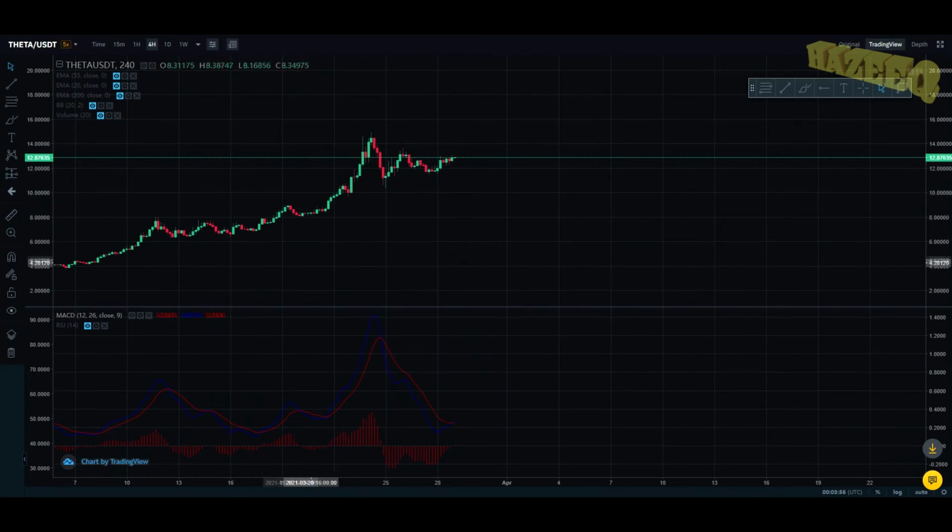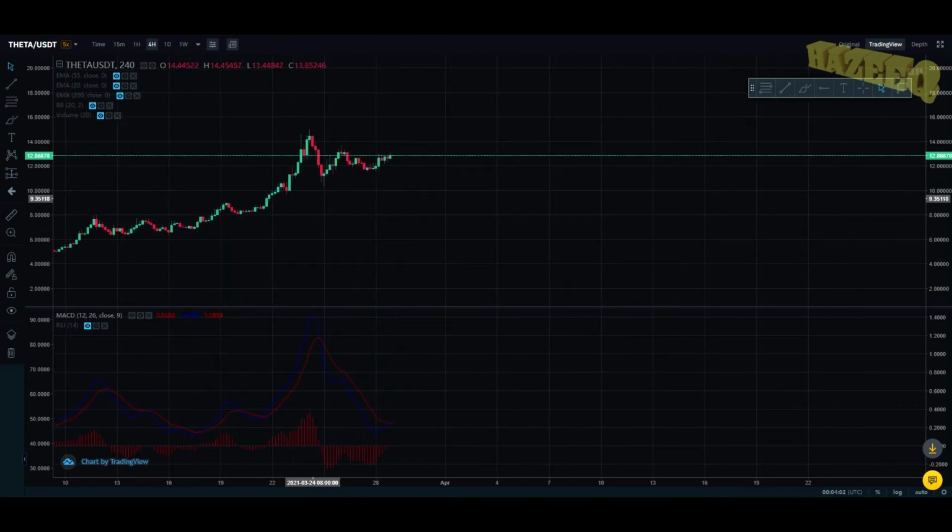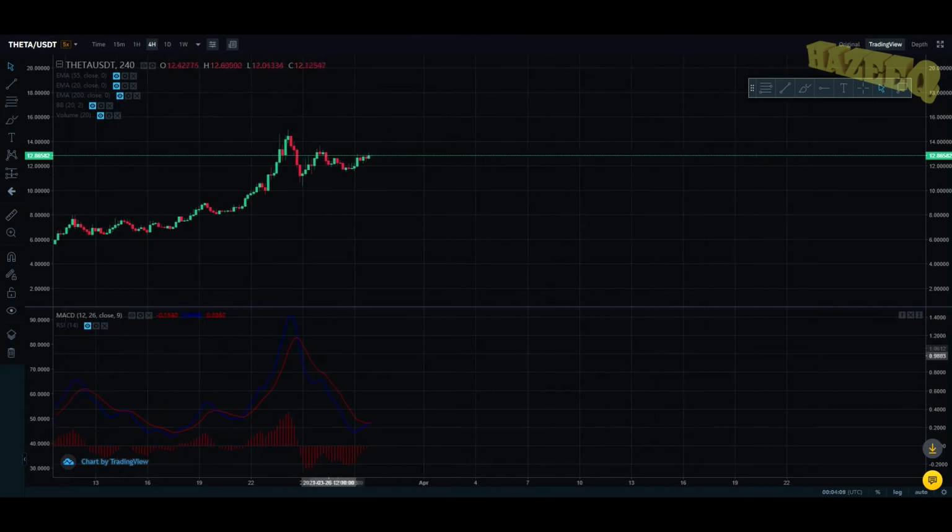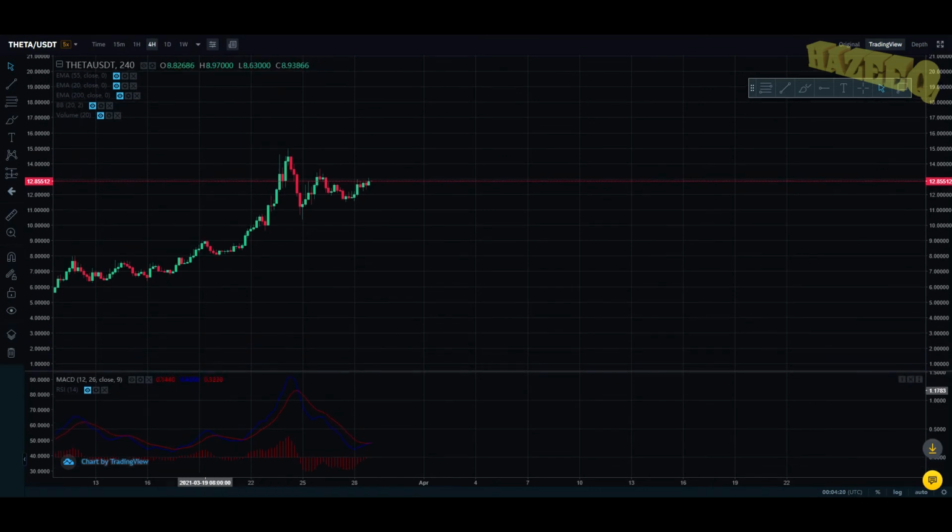So if a 20 EMA crosses from above the 55 EMA, that is a bearish cross. That usually drags the price down. The same thing can happen with this as well. So if the red average crosses the blue one from above, that sends the price down. If it crosses from below, that sends the price up. So this is a very useful indicator to use alongside the RSI.